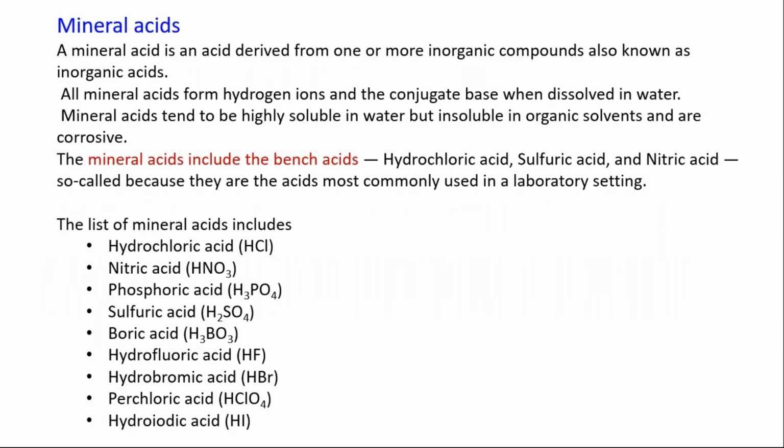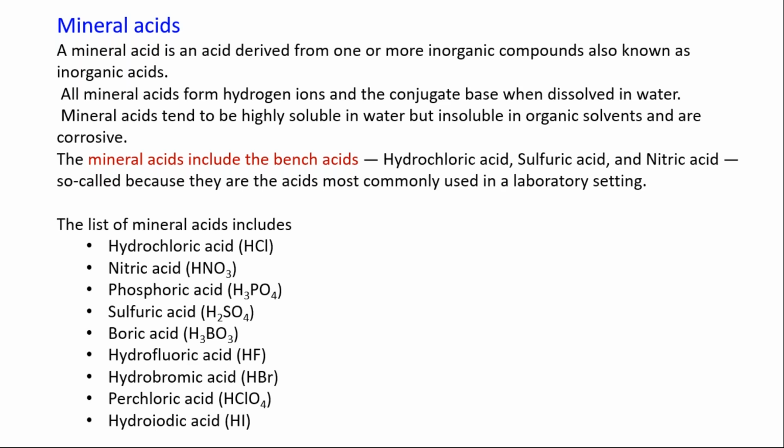Mineral acids are terms that you will hear, so that is why I'm putting it here. Mineral acids are acids which are made from inorganic ions, and all of them will form hydrogen ions and the conjugate base when dissolved in water.